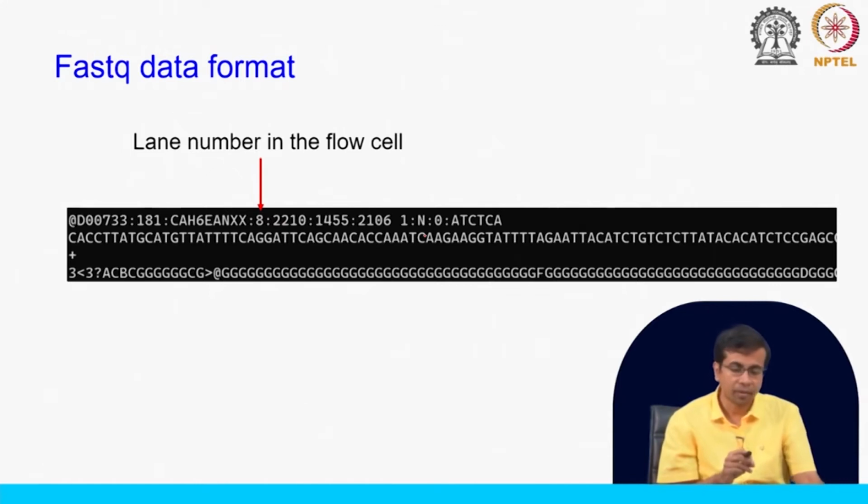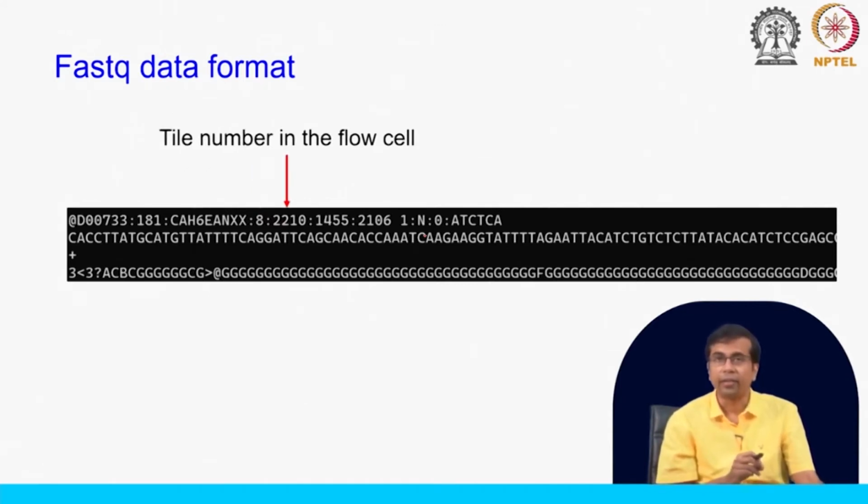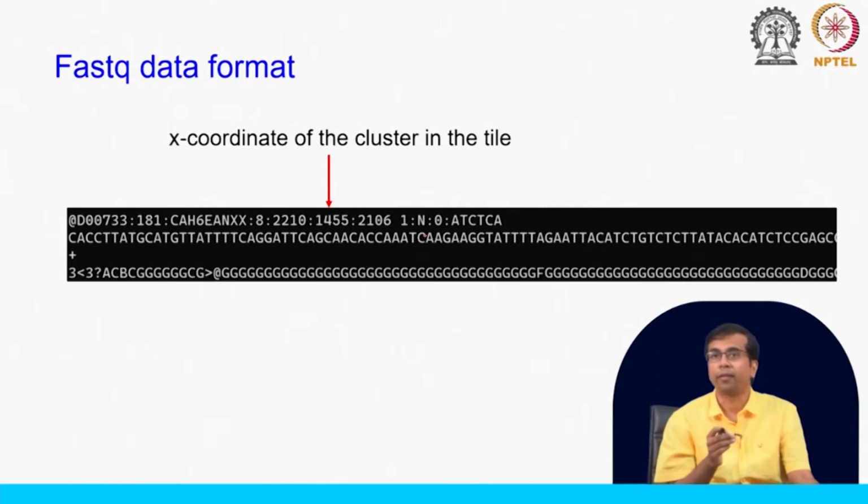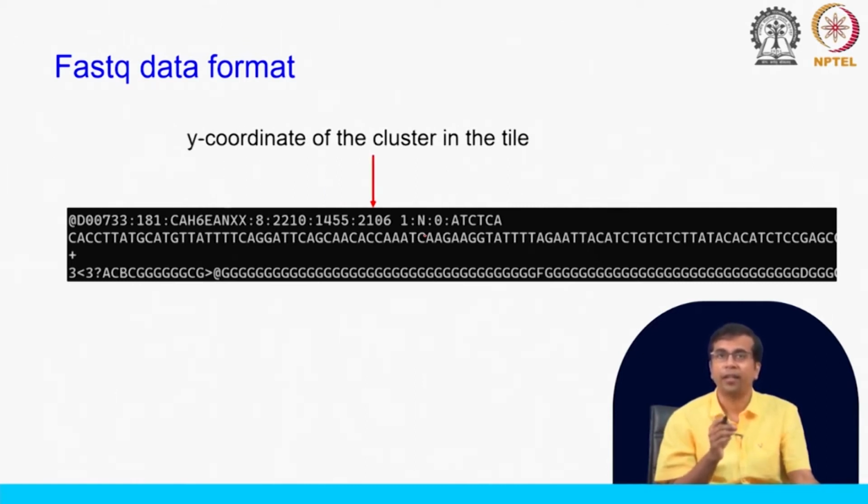The next three fields show the position of this read in the flow cell. You have the tile number, 2210 here, which is the tile number in the flow cell. Then you have the x coordinate of the cluster in the tile, where the cluster is present, and the y coordinate of the cluster in the tile.